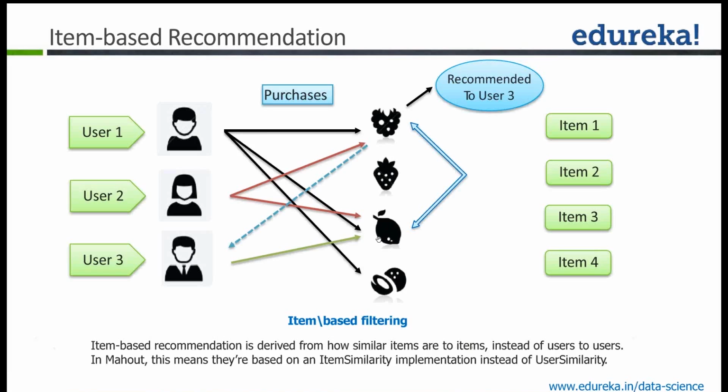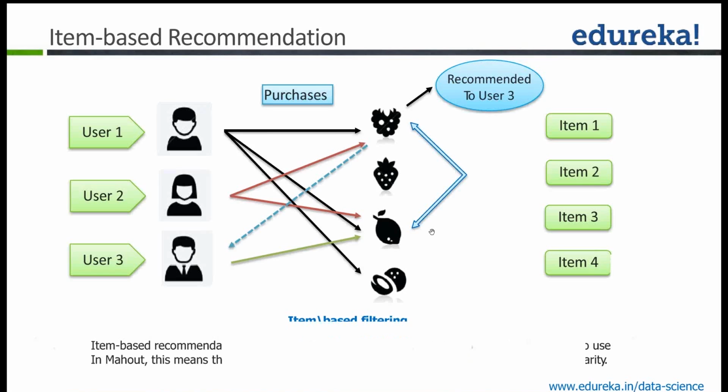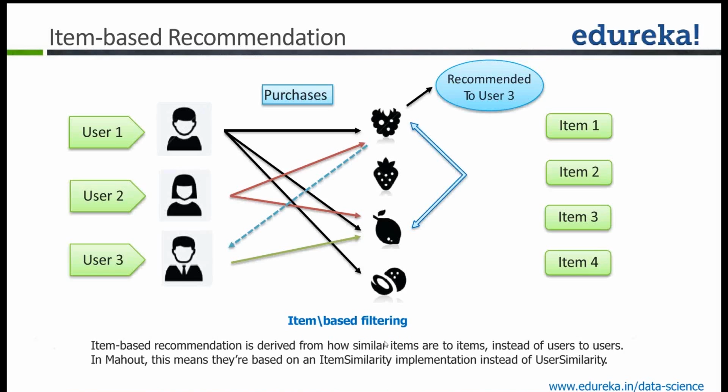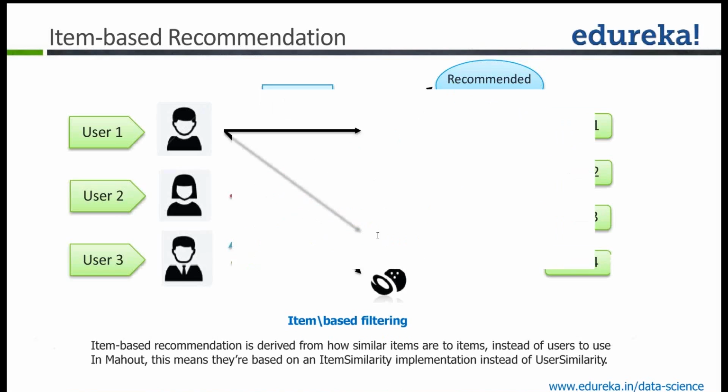If that similarity is very high, then I can say this user has already purchased fruit 3, so he might also like fruit number 2. So you go ahead and recommend that. Depending on how many recommendations you want, you keep looking at these item similarities and then make recommendations.